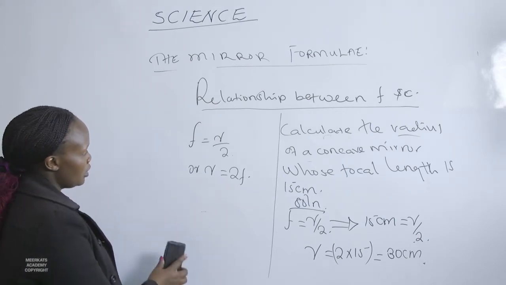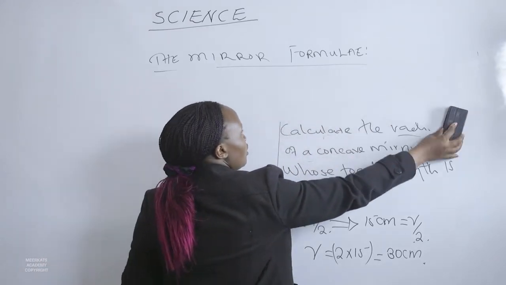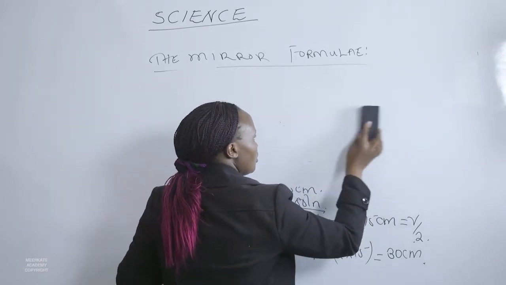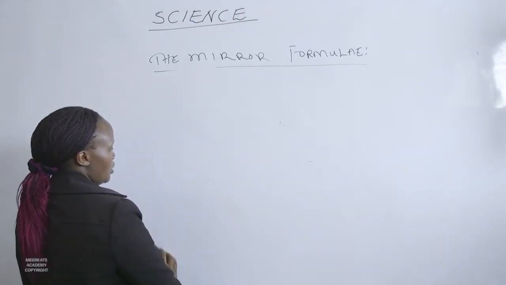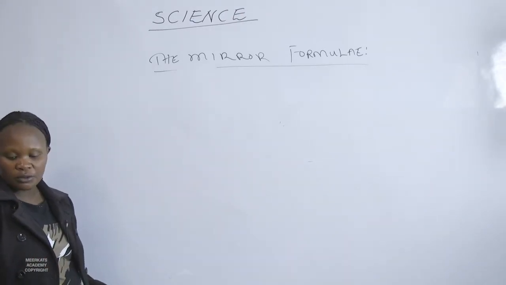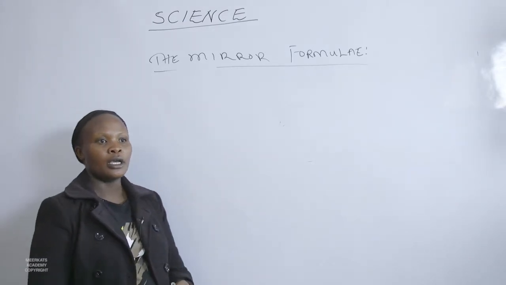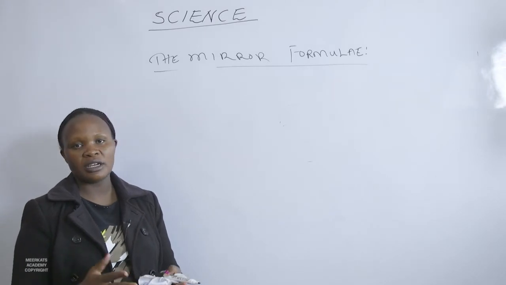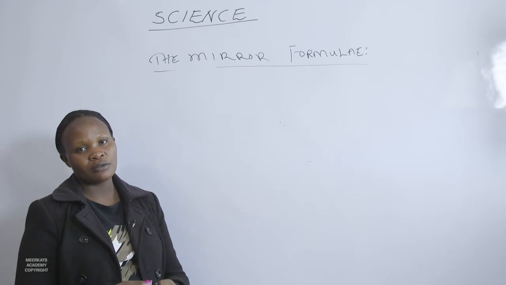Now, I want us to look at the very last aspect of mirrors, which is the application bit. Now we have the knowledge of concave and convex reflectors and how they form their images, the characteristics, how to describe the image, and so on and so forth.